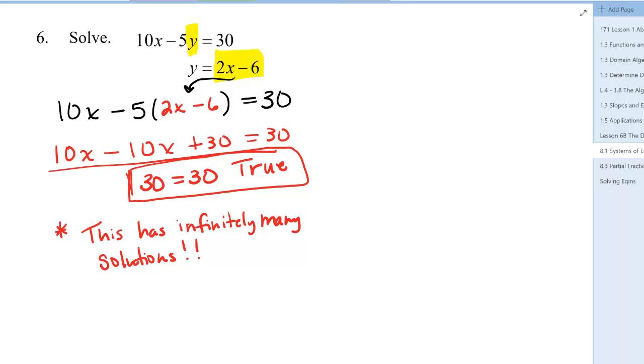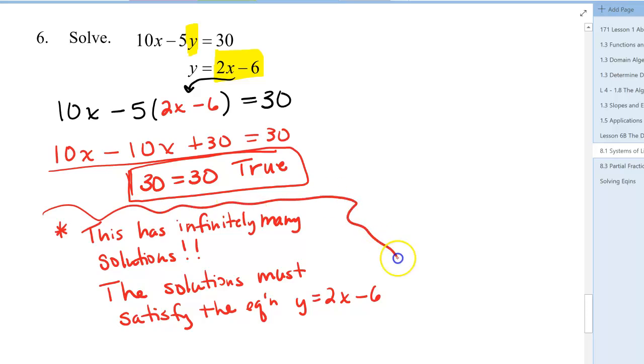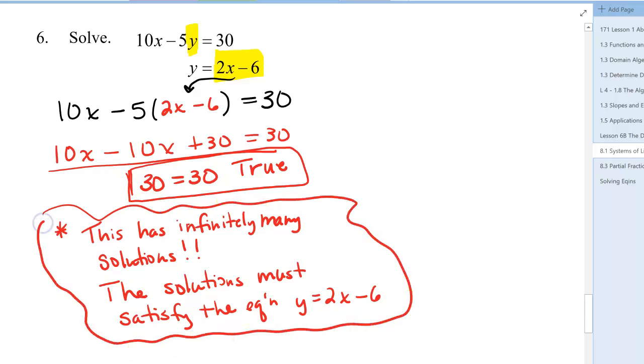The solutions must satisfy the equation y equals 2x minus 6. So remember, when you have infinitely many solutions, this is a consistent dependent system.